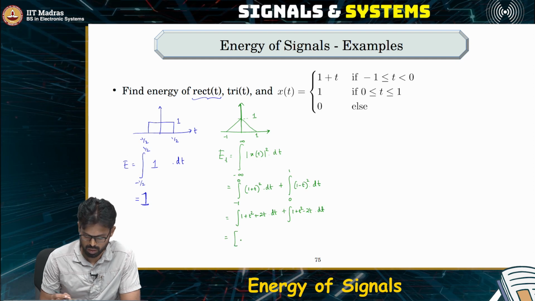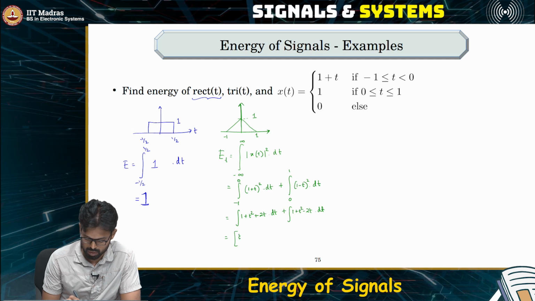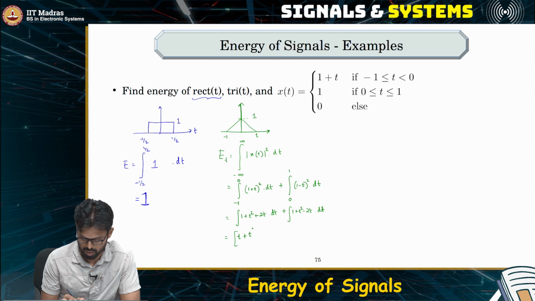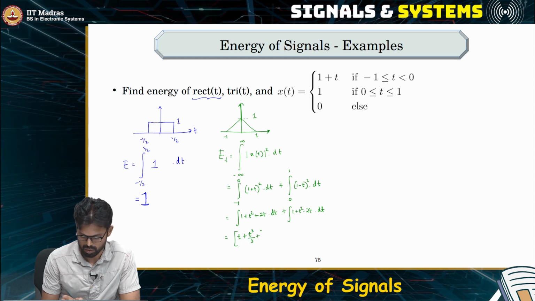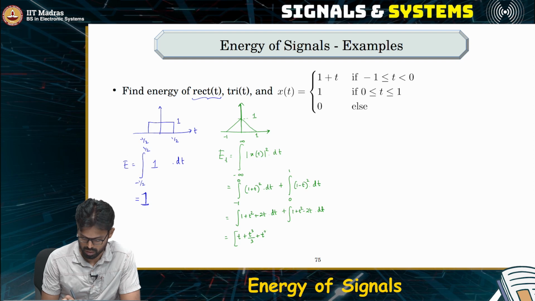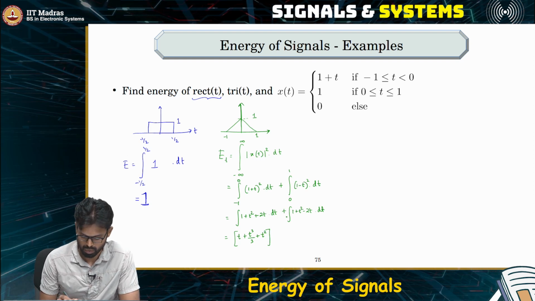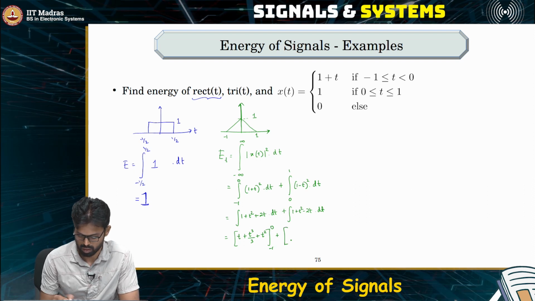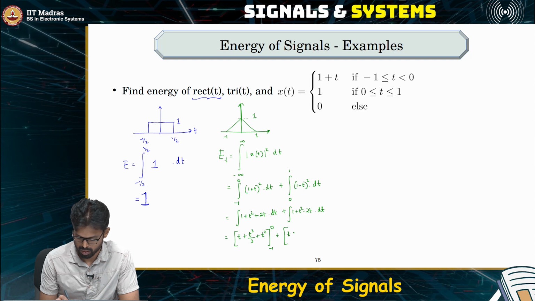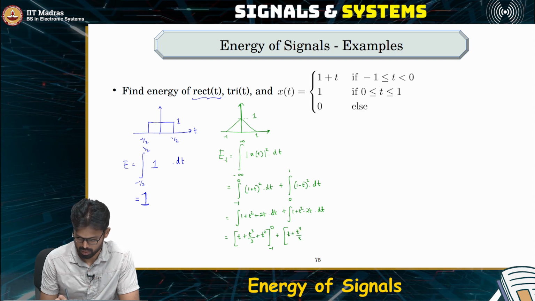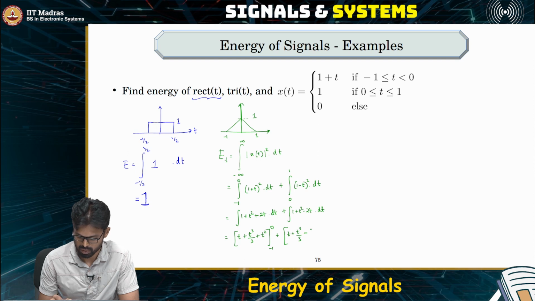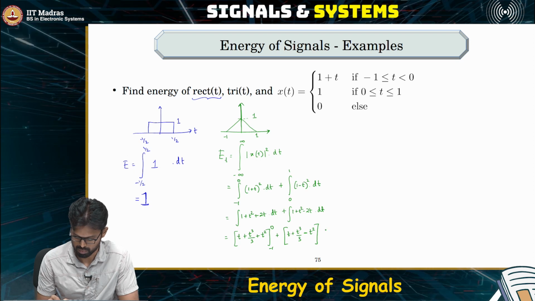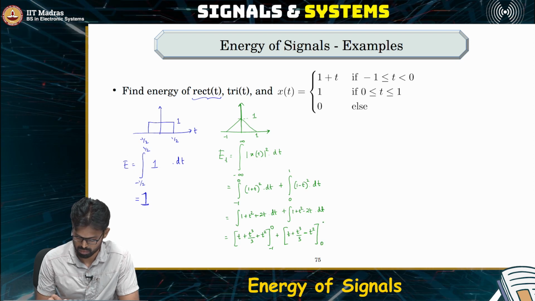In other words, you have t plus t cubed by 3 plus t squared from minus 1 to 0, and we have t plus t cubed by 3 minus t squared from 0 to 1.